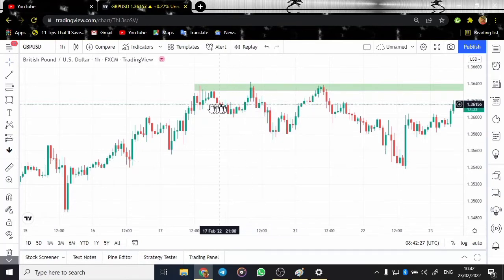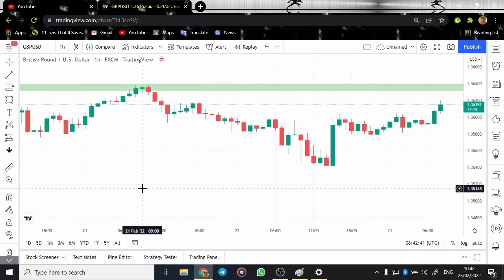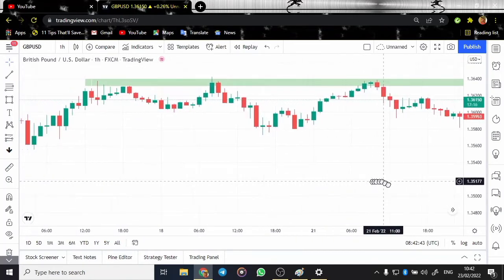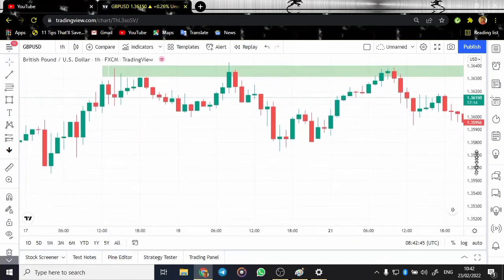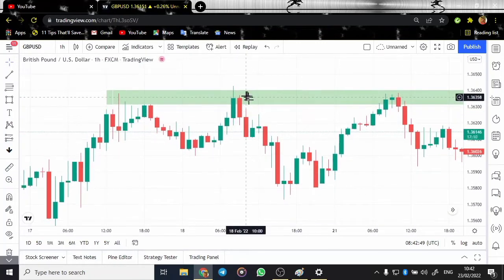When the market went up and came down, when it came up here, we have these two green and red candlesticks of the same size, just that this one has a bigger wick. If I zoom in, you can see what I am talking about. These two candlesticks look like tweezer tops. When you draw them on our drawing board, they look perfect, but the market doesn't always give you perfect structure.